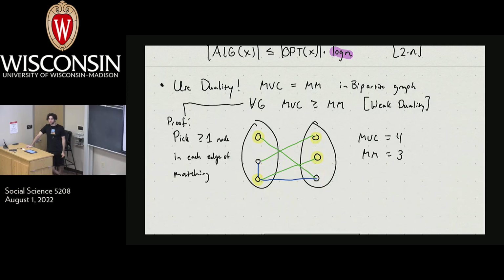So in this example, we picked one node per edge, and it was almost a vertex cover, but didn't quite work out. So what if we picked both nodes per edge? Maybe that would work.